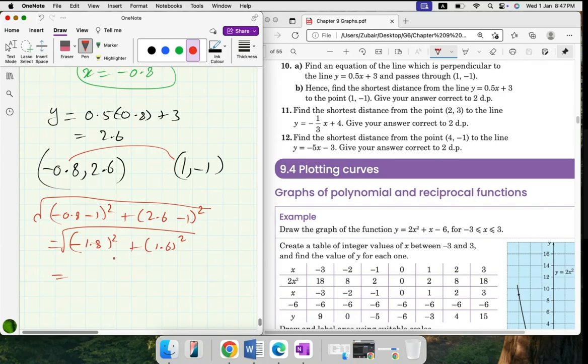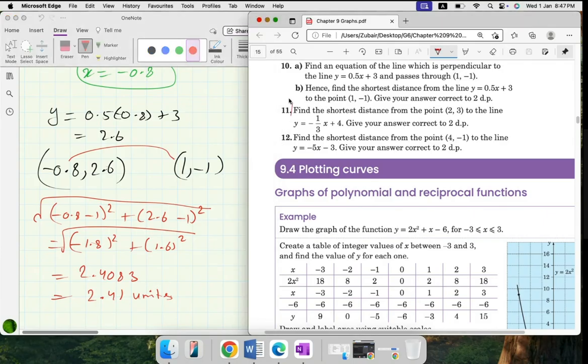And I'm getting 2.4083 something. The question says two decimal places, so 2.41 units. Any confusion? No, sir.